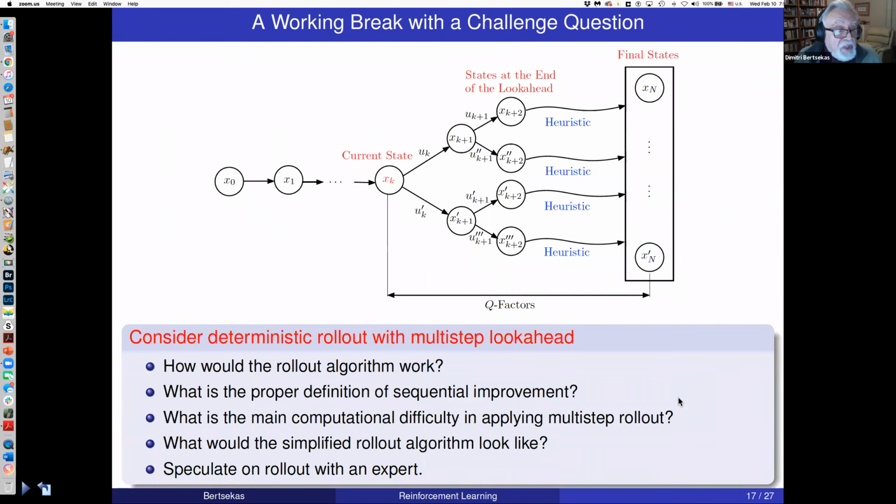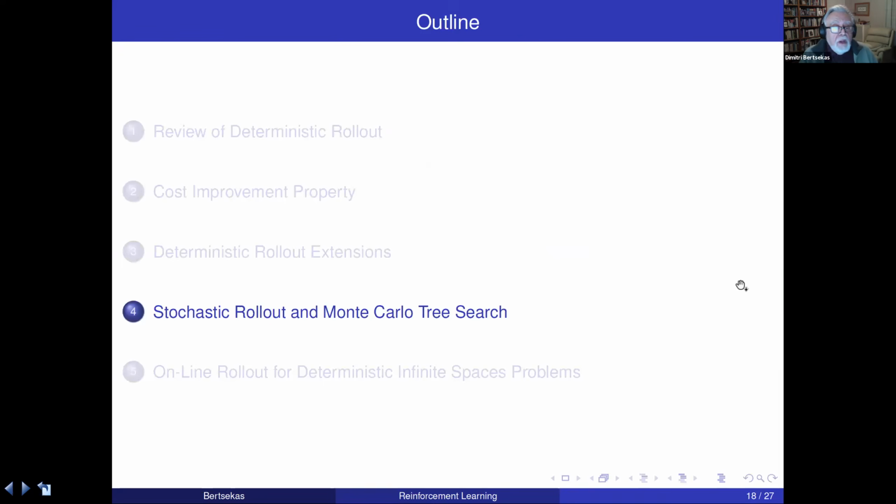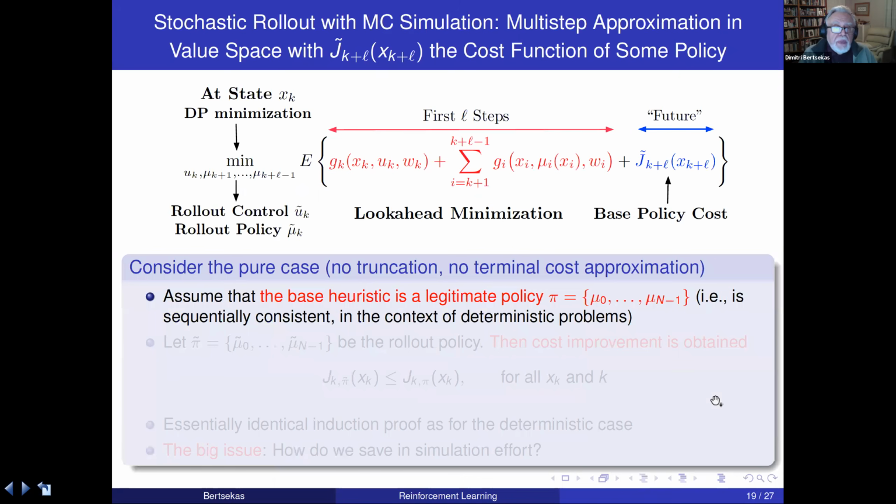So we're leaving this slide and go to stochastic rollout and Monte Carlo research. Okay.